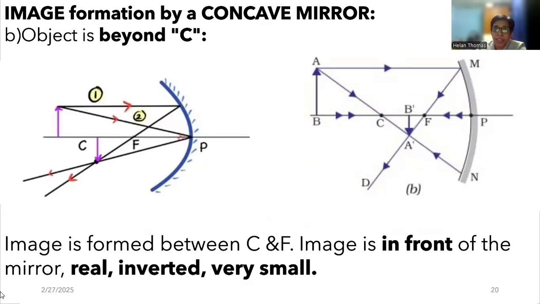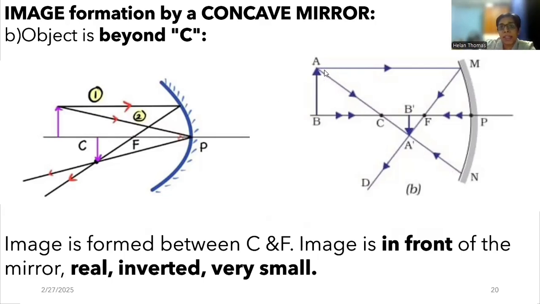For every ray diagram, you should draw two rays. The first ray will be parallel to the principal axis. For the second ray, I suggest you choose the ray that passes through the center of curvature. Only in one position it is not possible, which I'll come to in the next topic.